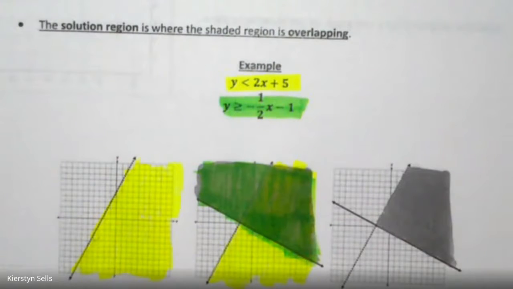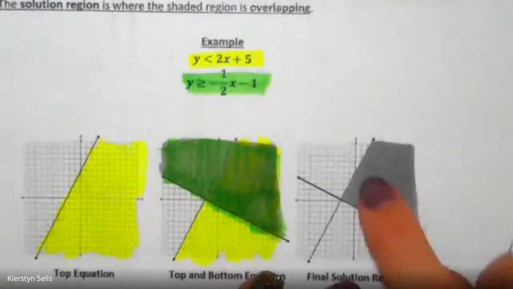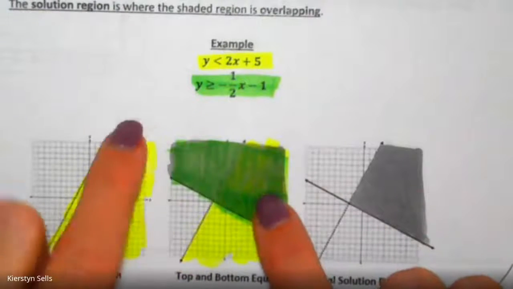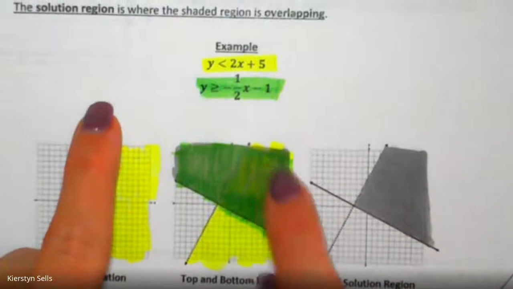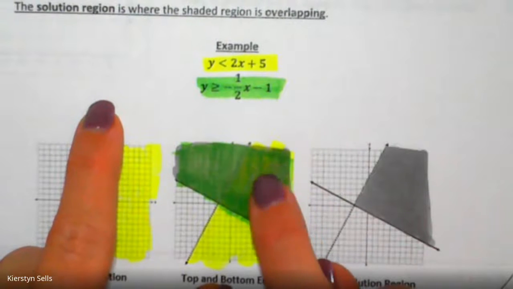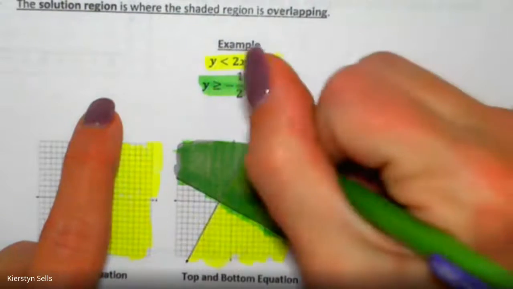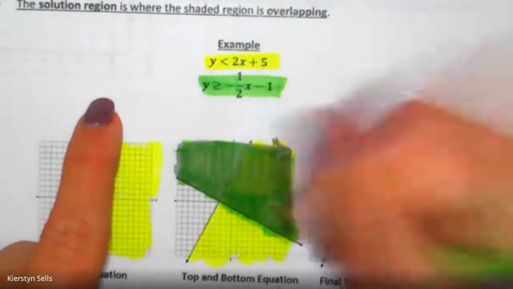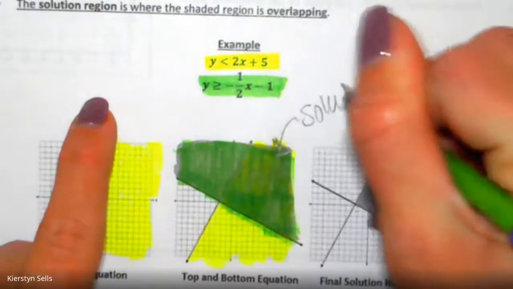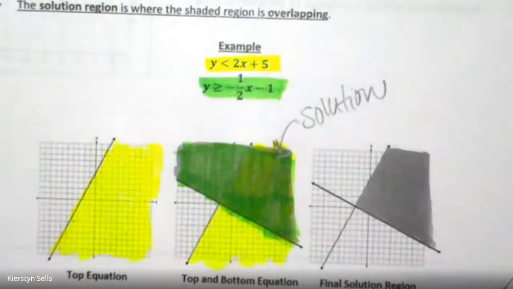All right. So now the final solution is where the two colors overlap. You see how the yellow and the green are both here? That's your solution, where they overlap. In your answer, if you get it to look like this, you would just draw an arrow and put solution.